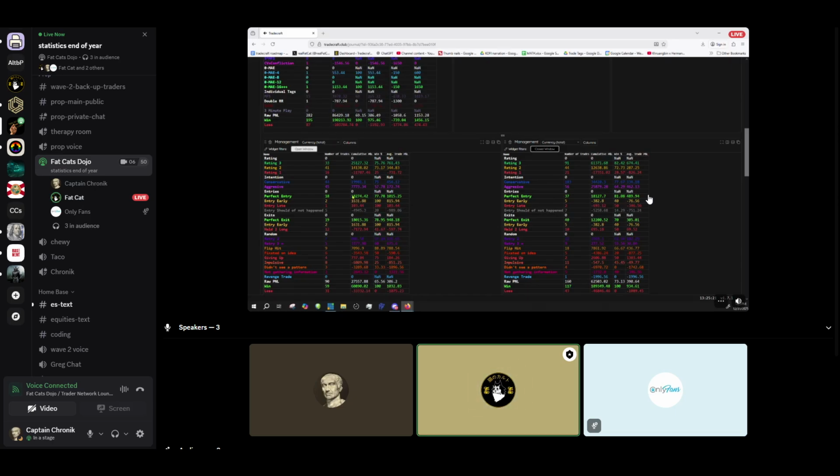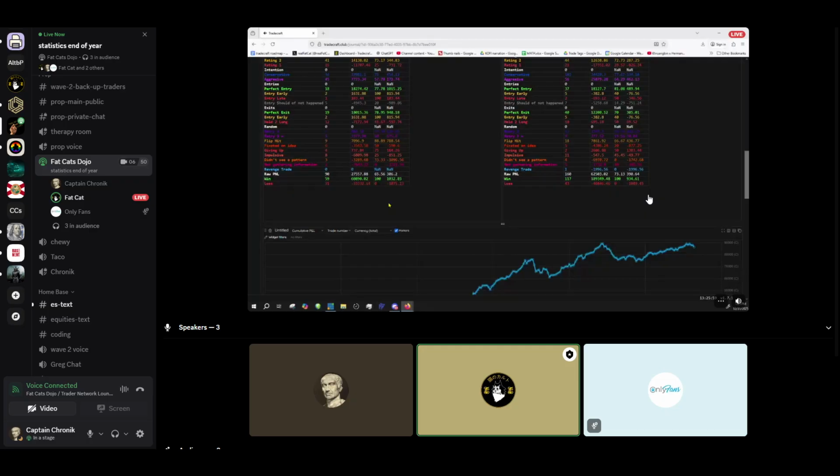So if I was to triple the P&L here, it would be 75. So almost the same. 14 and 12, same sample size. I really don't think time of day matters.